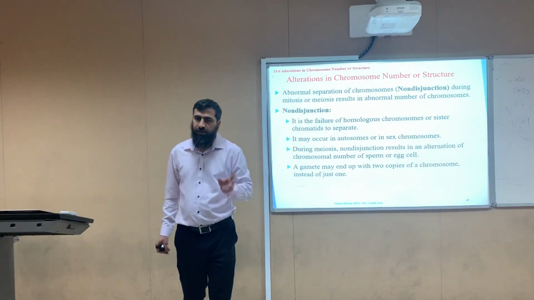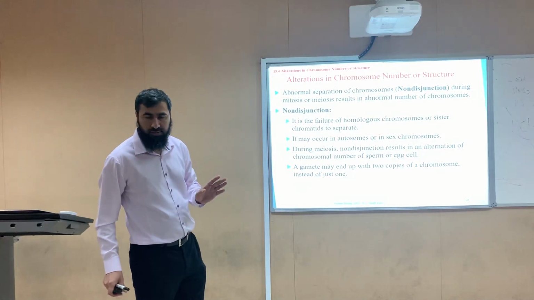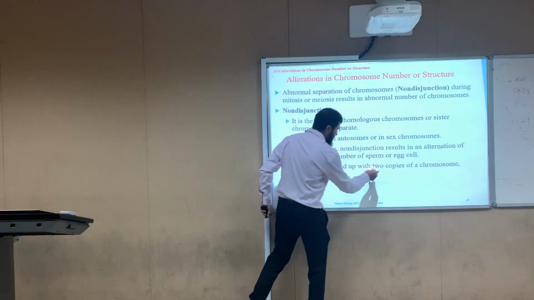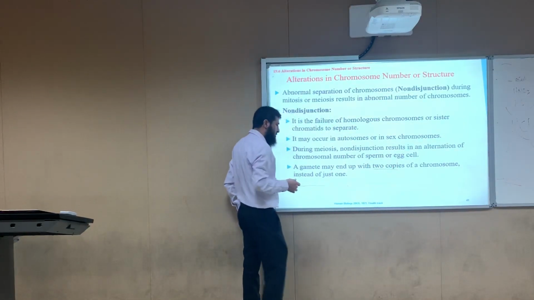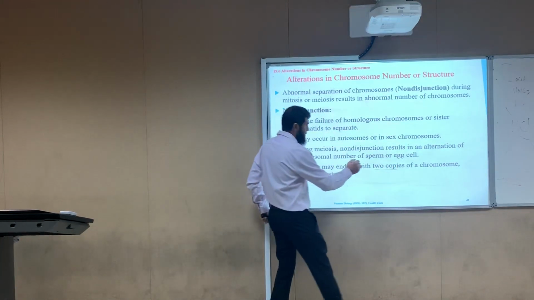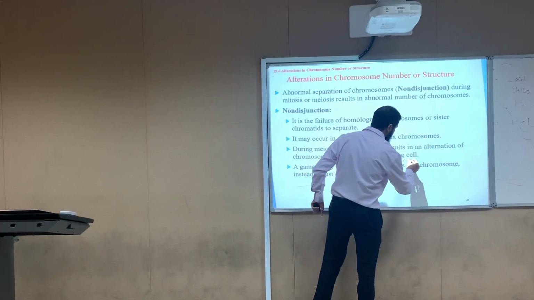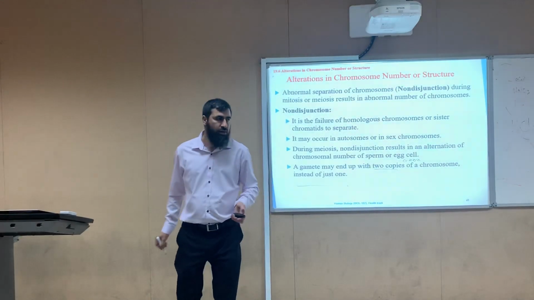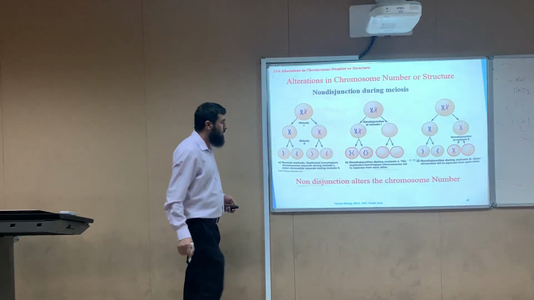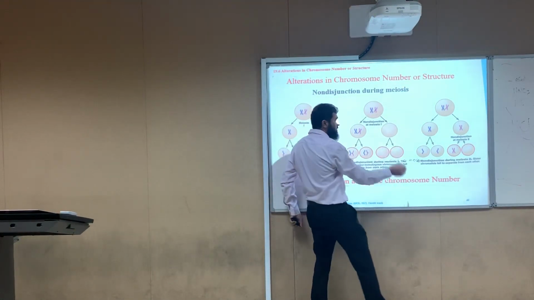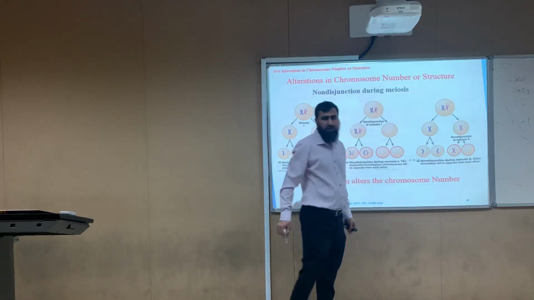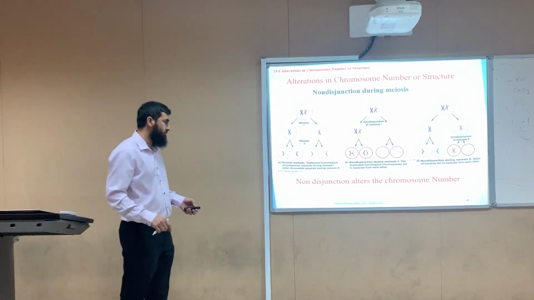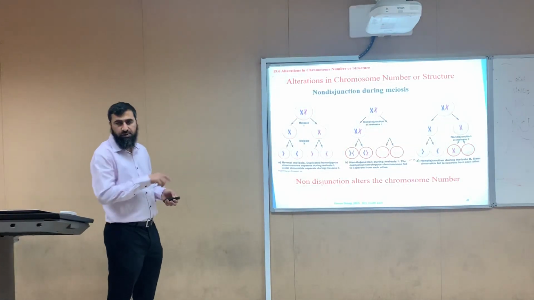Instead of 1, you can end up with 2 copies or none. We can see here these cells didn't get one of the chromosomes, so for that particular chromosome they get 0, and that's important for some of the diseases.